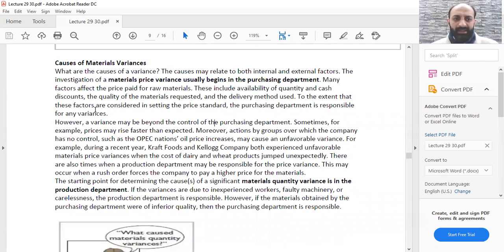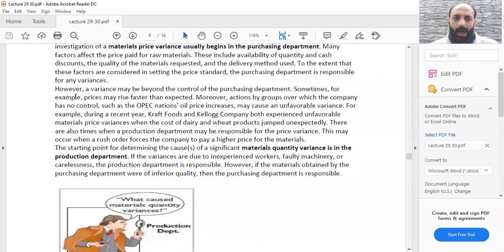To the extent that these factors are considered in setting the price standard, the purchasing department is responsible for any variance. However, a variance may be beyond the control of the purchasing department. Sometimes, for example, prices may rise faster than expected. Moreover, there are actions by groups over which the company has no control.